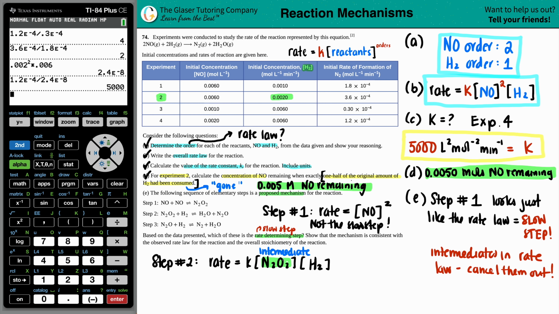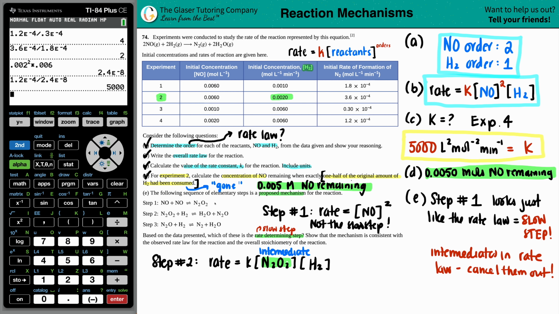So we're still on the hunt because this could potentially be the rate law. It just depends. Now we just need to cancel it out. Which step also has N2O2 in it? Yeah, step 1. So what we're going to do is substitute in the N2O2 for what it really equals, the rate law for step 1.